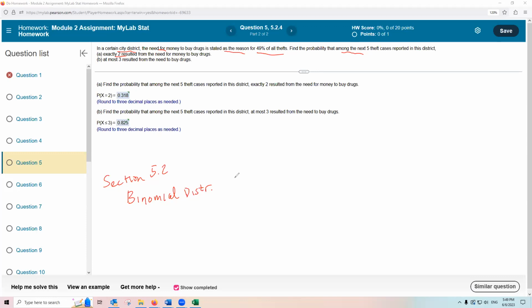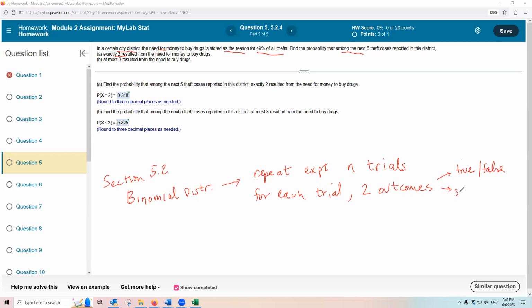So a binomial distribution is when you repeat an experiment over and over. We're going to say n times, and sometimes say n trials. For each trial, there's only 2 outcomes. That's why it's called binomial. You could think of this as like true, false, or success, failure, heads or tails, any way you want to think of it.